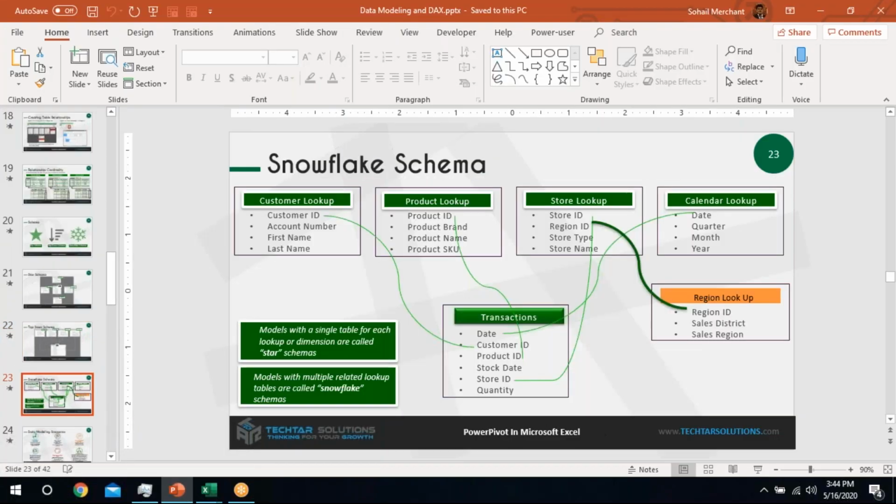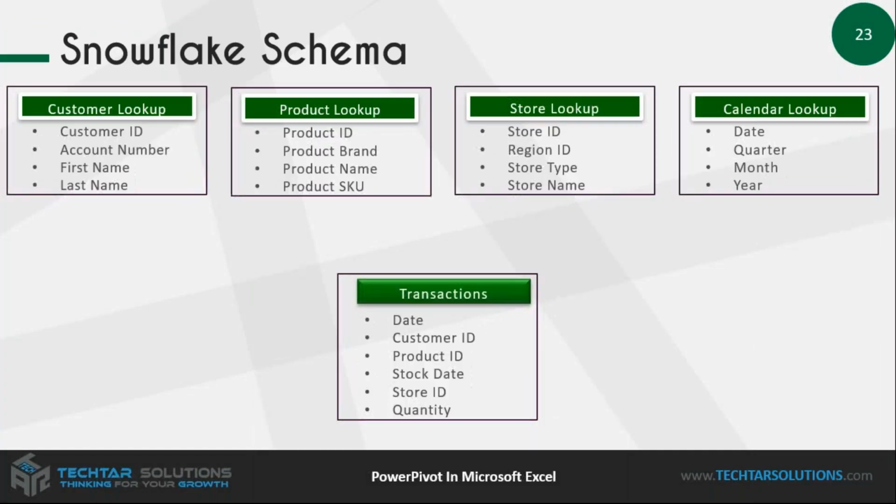The third one is snowflake. Up till now, what we have seen is one fact table connected to multiple dimension tables. The fact table contains a foreign key which is repeated multiple times in the table, whereas in the dimension table, we have a single primary key defining all the characteristics of the particular business entity.